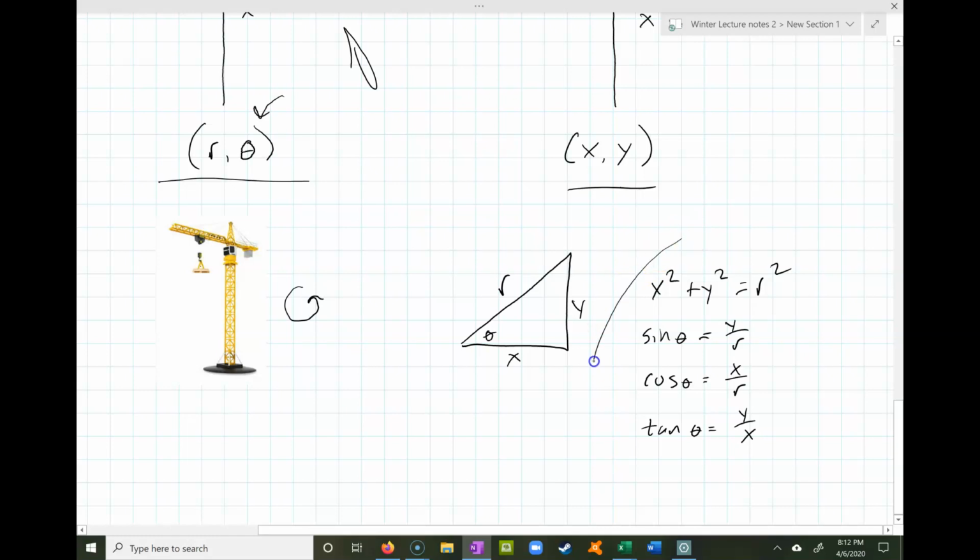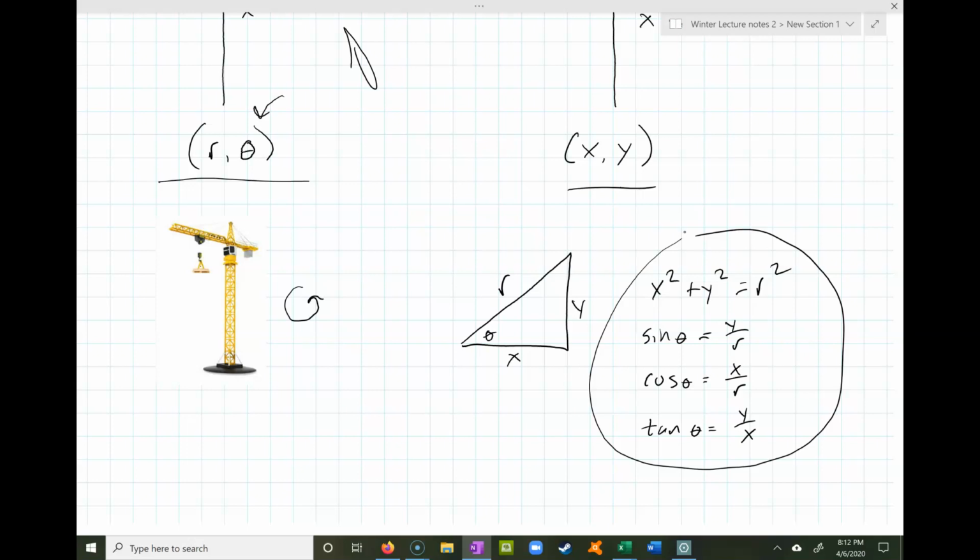So with this information, given a rectangular coordinate pair x, y, you can figure out the polar coordinate pair, and vice versa.